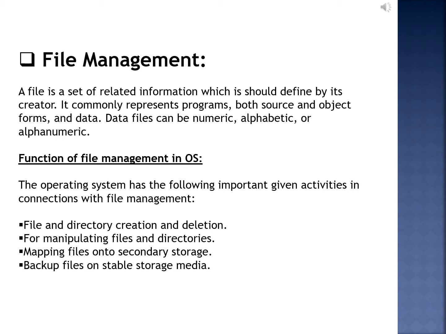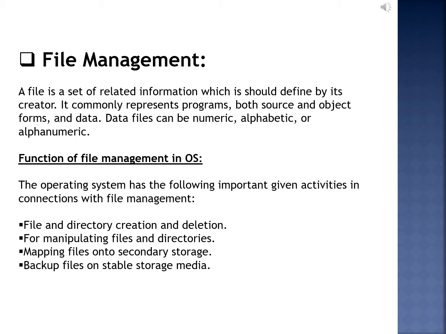For convenient use of the computer system, the operating system provides a uniform logical view of information storage. The operating system abstracts from the physical properties of its storage devices to define a logical storage unit. The files are mapped by the operating system onto physical devices.